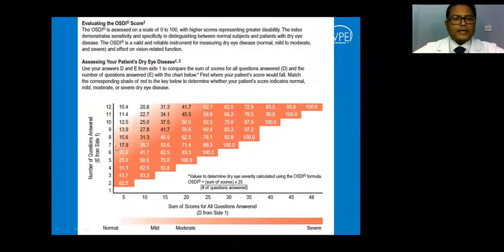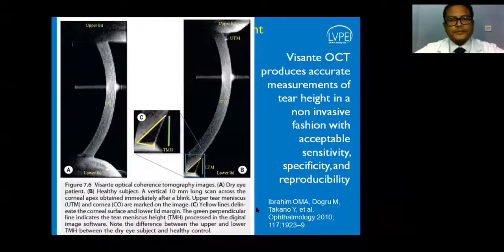So then there is a standard scale where the number of questions and the sum total of all the scores are graded, and it is calculated as the sum of scores times 25 divided by the number of questions answered, which gives the total score of the ocular surface disease index.